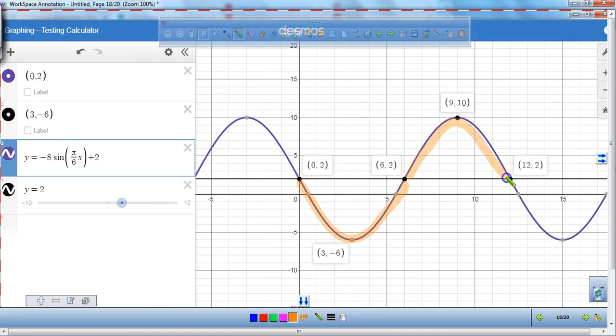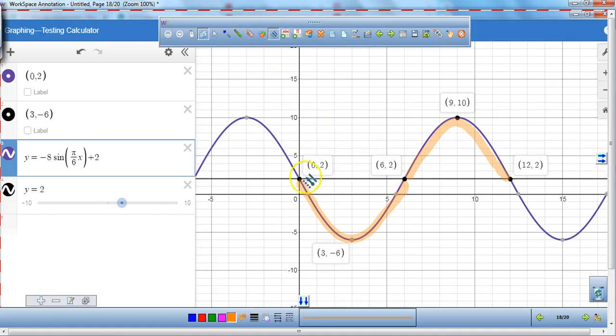You can see that the length of your period goes from 0 all the way to 12. Hopefully now with this nice, neat graph that Desmos built for us, you can see how I broke it into quarters. There's a quarter, a quarter, a quarter, a quarter.